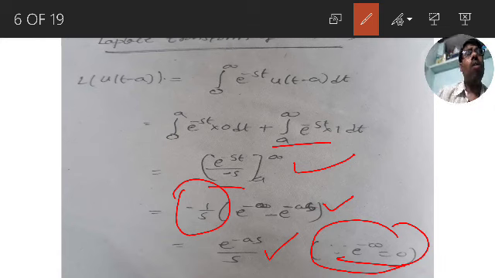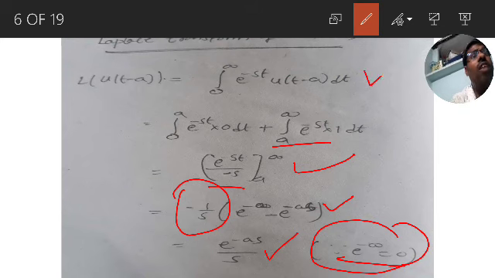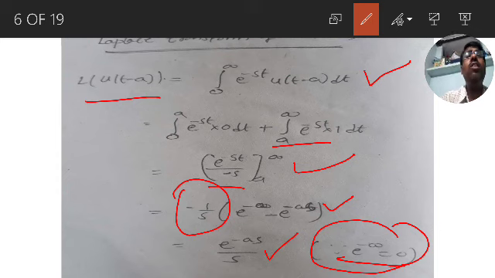Very easy. Depending on the definition, we are finding the Laplace transform of the unit step function. By the definition of the Laplace transform, L of u of t minus a is equal to the integration from 0 to infinity of e power of minus st into u of t minus a. But u of t minus a is not the same over the whole interval 0 to infinity.